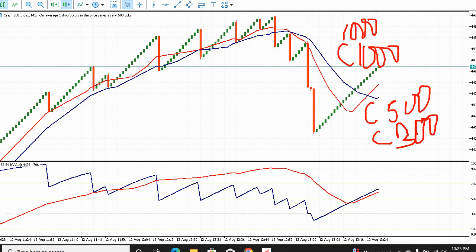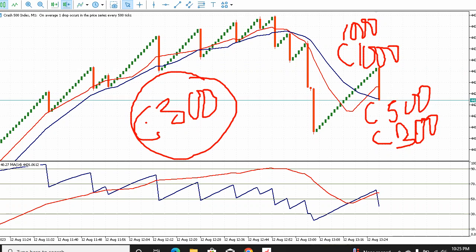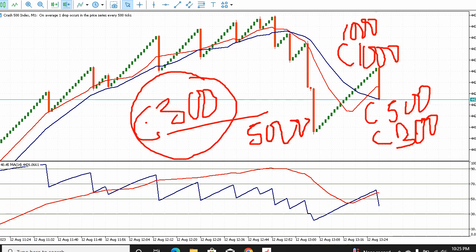But mind you, before you use Crash 300 to do this, please don't fall victim to thinking of making quick money and start using Crash 300 when you don't know more about forex. Why? Because as long as you are using Crash 300, you may lose your $5,000 if care is not taken.